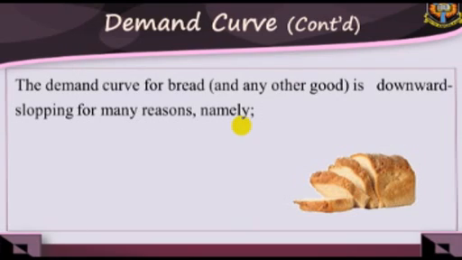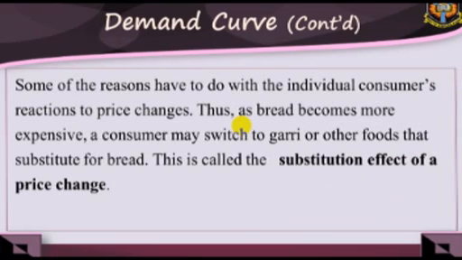The demand curve for bread and any other good is downward sloping for multiple reasons. Some of the reasons have to do with the individual consumer's reaction to price changes. Thus, as bread becomes more expensive, a consumer may switch to gari or other foods that substitute for bread.